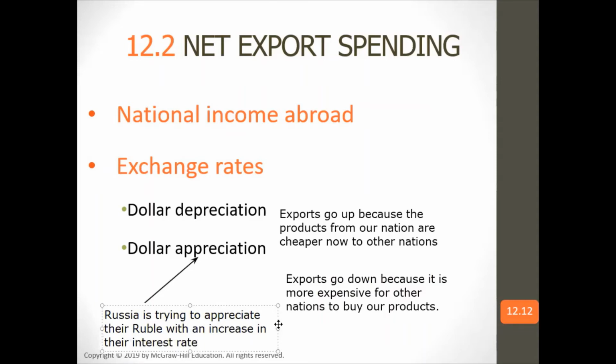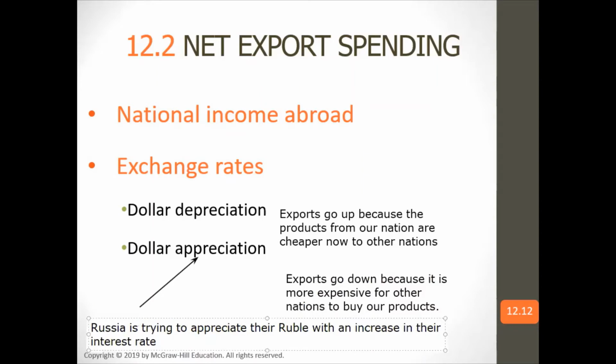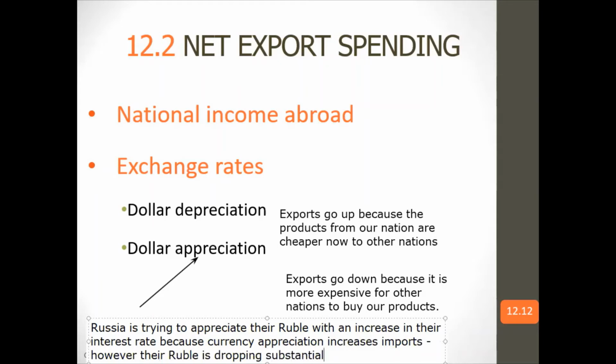The reason they're doing this is because currency appreciation increases imports. However, the ruble has been dropping substantially the last few weeks. So what they're doing with their interest rate isn't working.